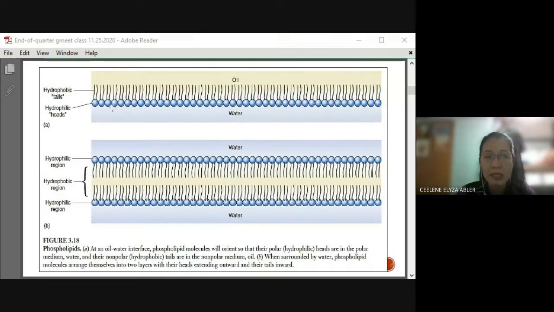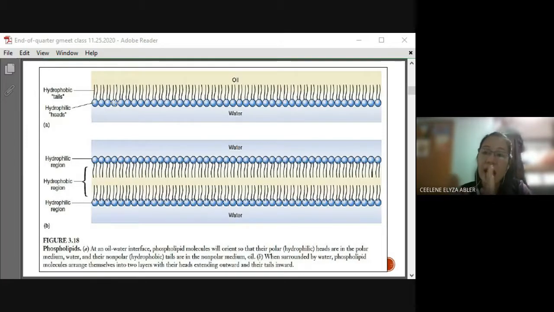The circle is actually because of the phosphate group. The phosphate group is PO4, that's your chemical formula. The P stands for phosphorus, O stands for oxygen.